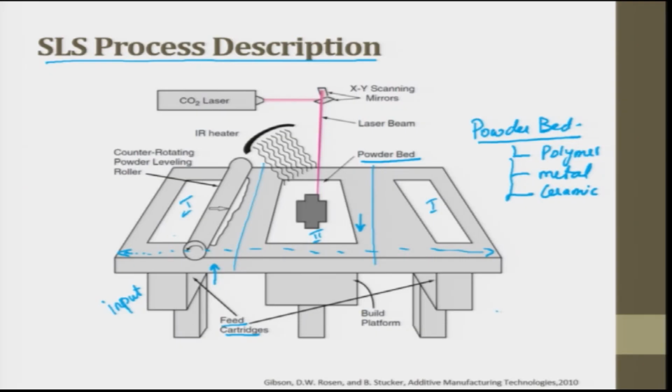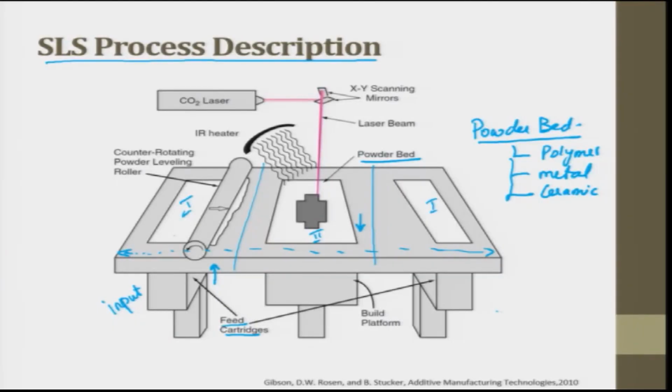Once the feeding is done, when the roller rolls over the powder bed, it fills up the material, flattens everything on the top and keeps moving, like the doctor's blade or recoater blade we had. In the same way, we have a roller here. Once the roller does this job, the CO2 laser comes into action.